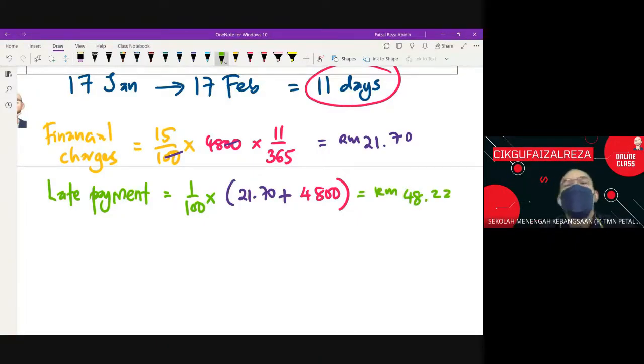That gives 48 ringgit and 22 cents. These are the charges: financial charge at 15% daily, and the late payment charge of 1% from the financial charge and the outstanding balance total.